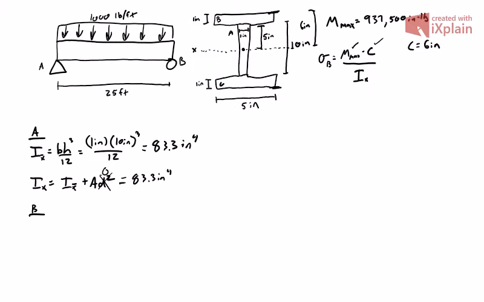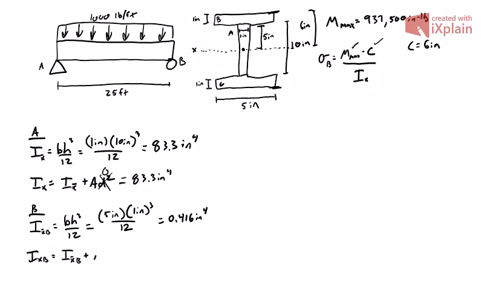All right, so if we do shape B, Ix bar B is equal to base times height cubed over 12. The base for B is 5 inches, and the height is 1 inch cubed, over 12. If we plug all that in, 5 over 12 is 0.416 inches to the fourth. Then for the parallel axis theorem, Ix bar B plus A d squared. The centroid of B is all the way up here.